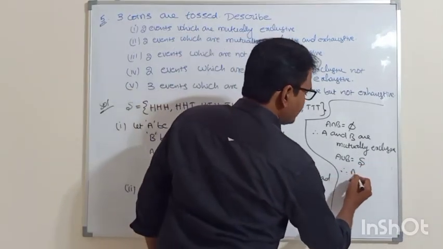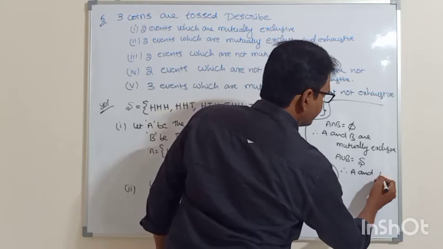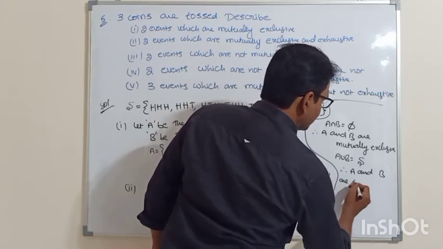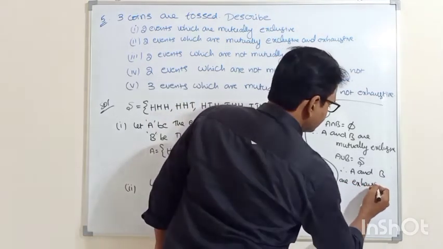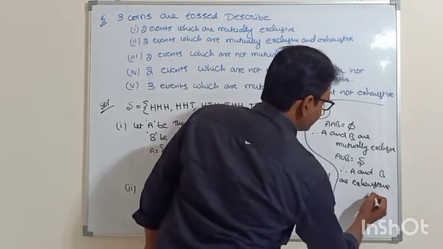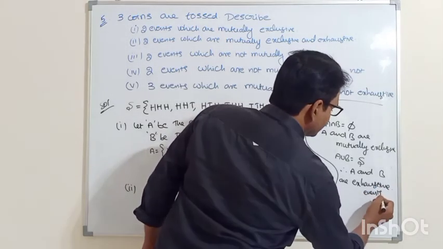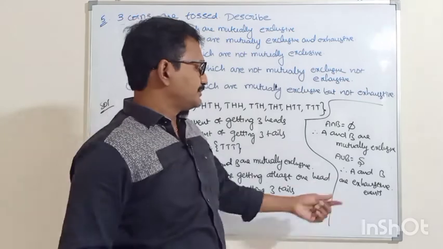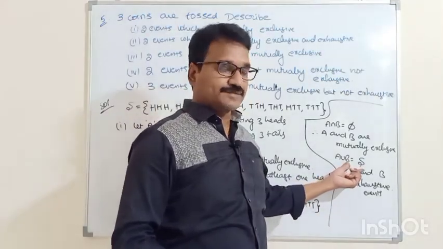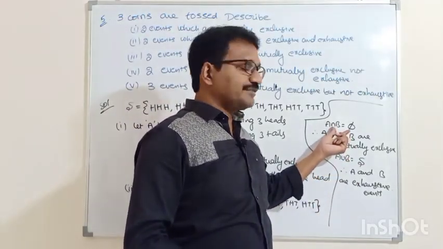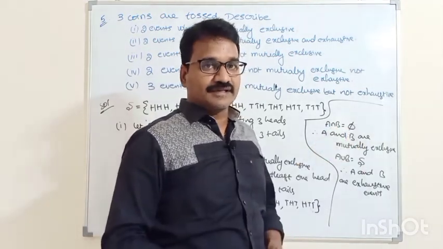Therefore, A and B are exhaustive events. Exhaustive events means you need to equate to the sample space. Exclusive events means we need to equate to the null set.